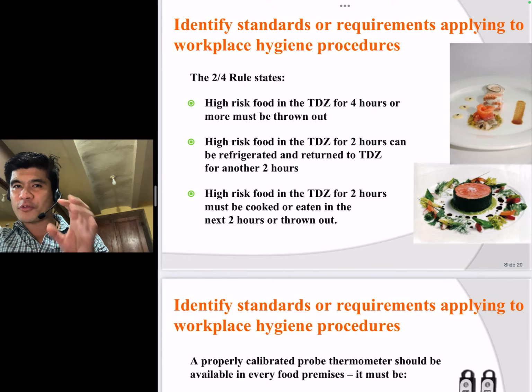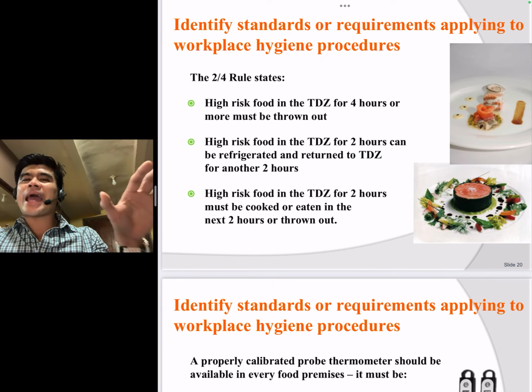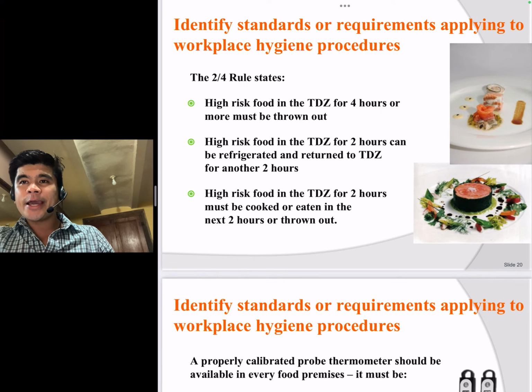It cannot be refrigerated anymore. However, if the food has been there for only 1 hour or 2 hours, you can still refrigerate that. Which is bullet number 2, high risk food in the temperature danger zone for 2 hours can be refrigerated and returned for another 2 hours.